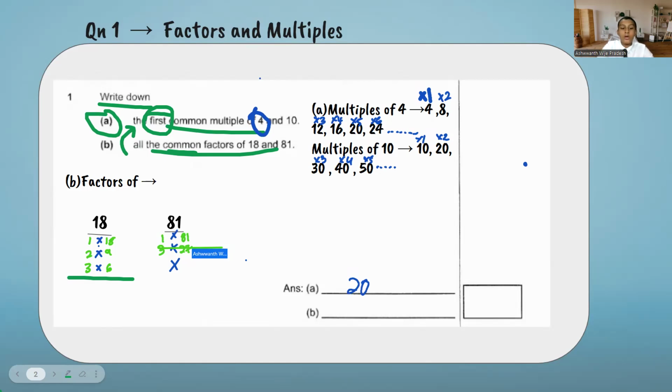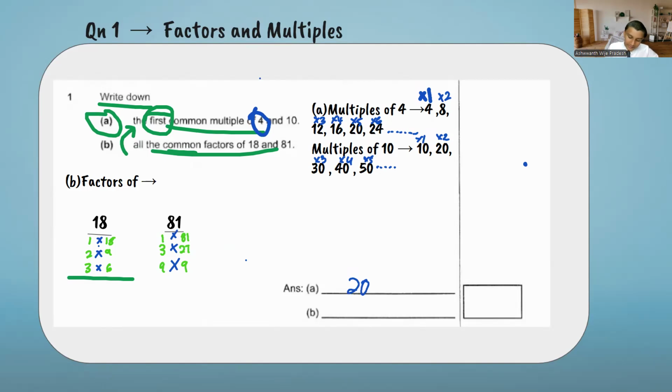So, the factors of 81 in the end, we have 1, 3, 9, 27, and 81. Okay, so let me write that down. 3 times 27, and then 9 times 9.